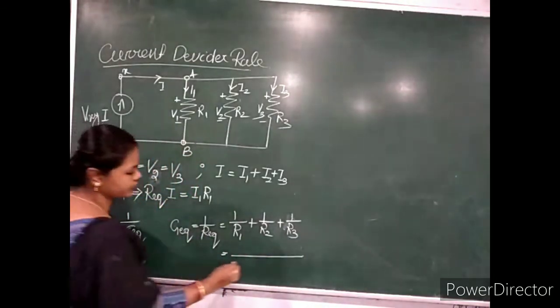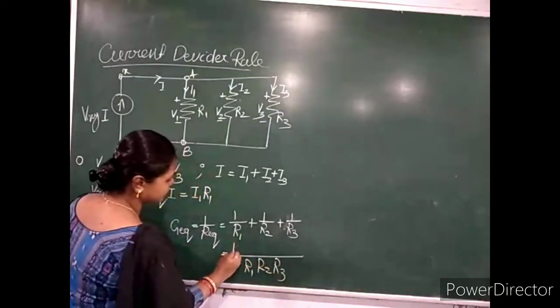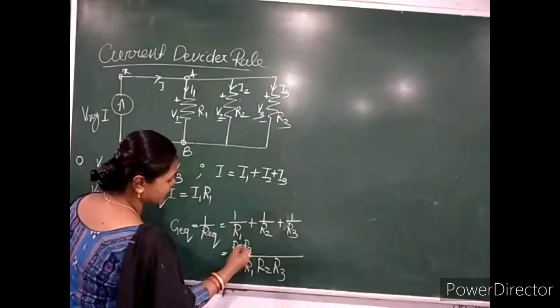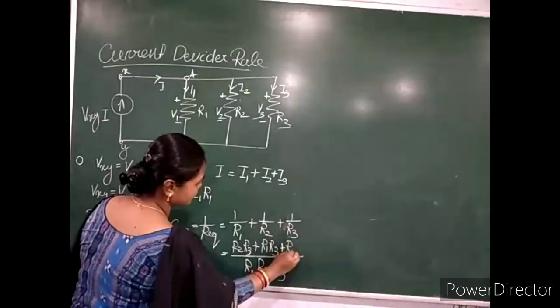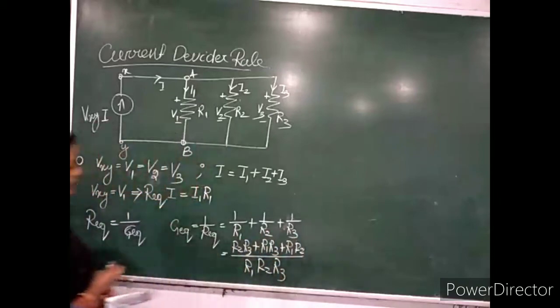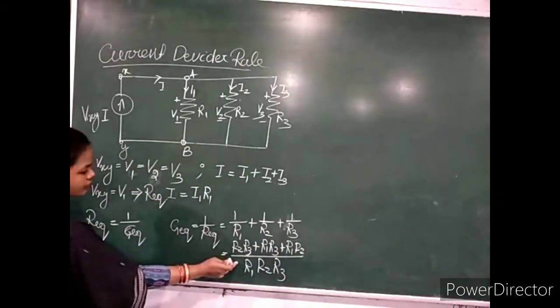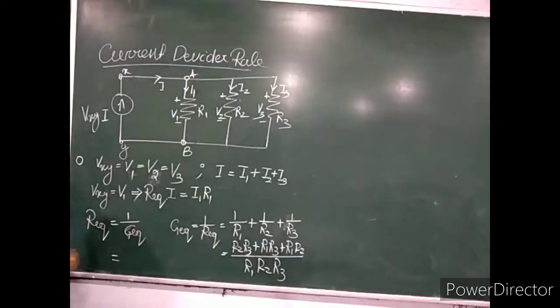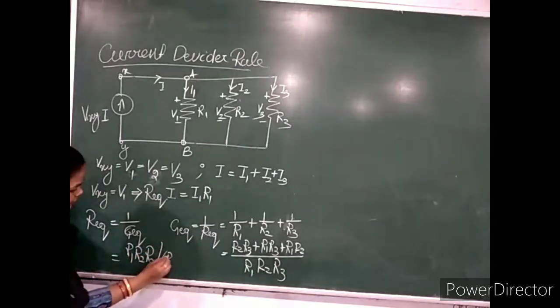That is equal to, if I take the LCM R1, R2, R3, it is R2 R3 plus R1 R3 plus R1 R2, divided by R1 R2 R3. So total resistance is the reciprocal of this conductance, R1 R2 R3 divided by that sum.